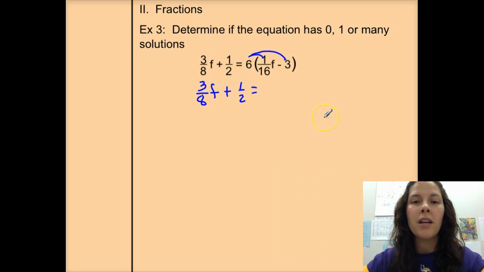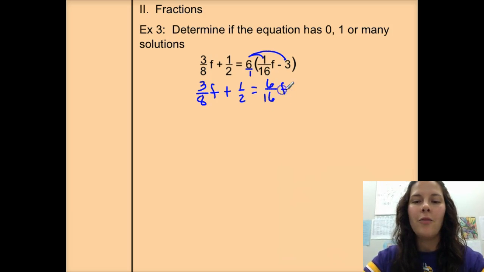Remember, when you multiply an integer with a fraction, you can put the integer over 1 if it helps you organize your work, and you can multiply straight across. So we get 6/16 f minus 6 times negative 3 is 18. Notice there are no fractions on that one, the 6 times the negative 3, so don't let that confuse you.